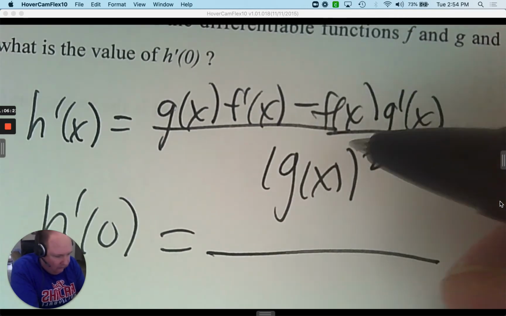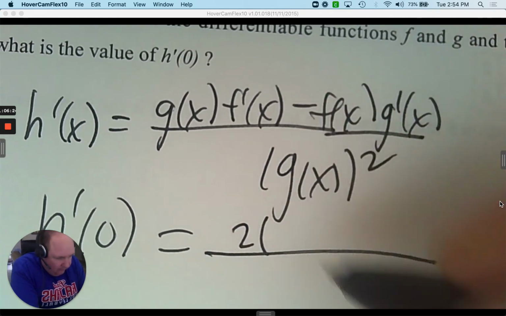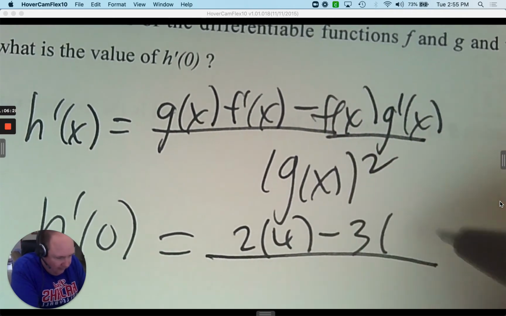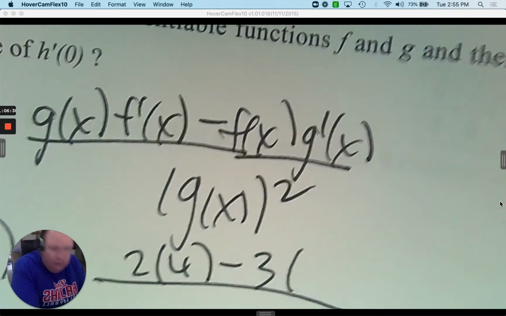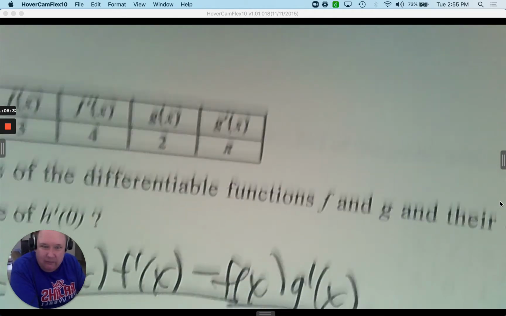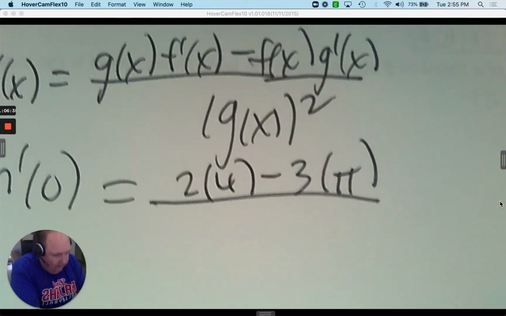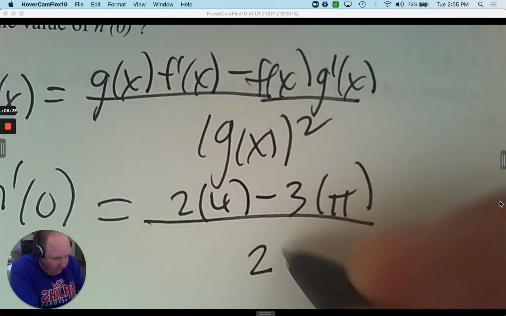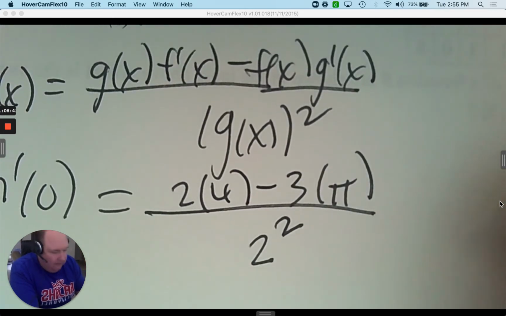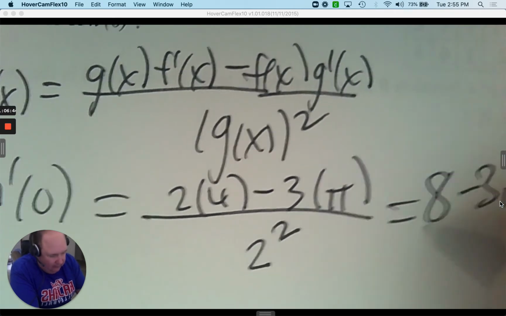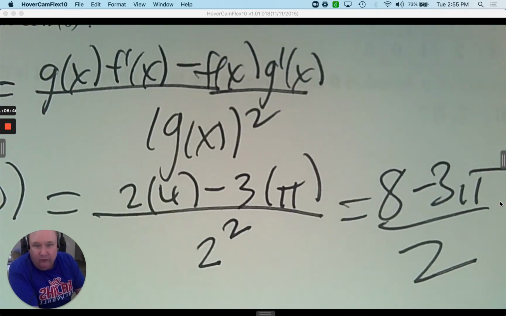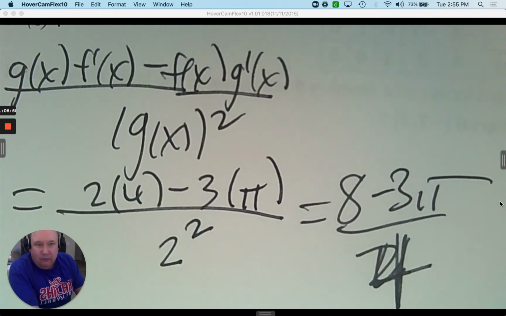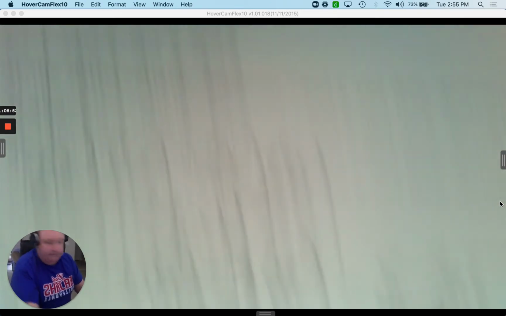So g at 0 is 2. The derivative of f at 0 is 4. f at 0 is 3. The derivative of g at 0 is, is that pi? It is pi. And then the denominator, the value of g at 0 is 2, and it is squared. So if I put that together, I get 8 subtract 3 pi over 2, or over 4, I mean. That might be 2 subtract 3/4 pi. We'll see.